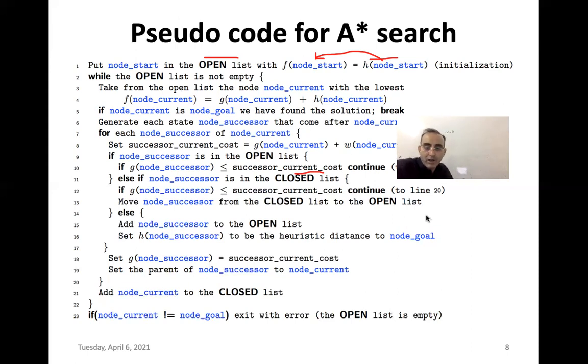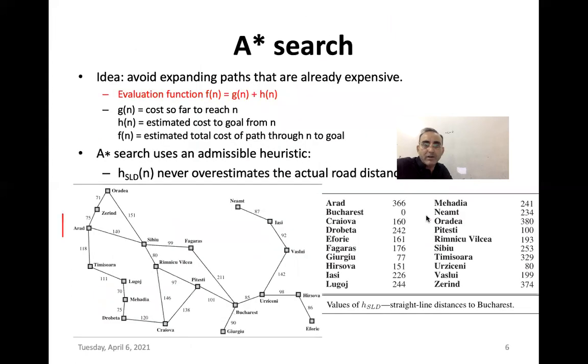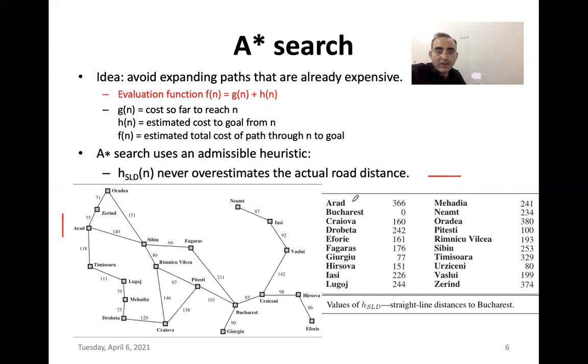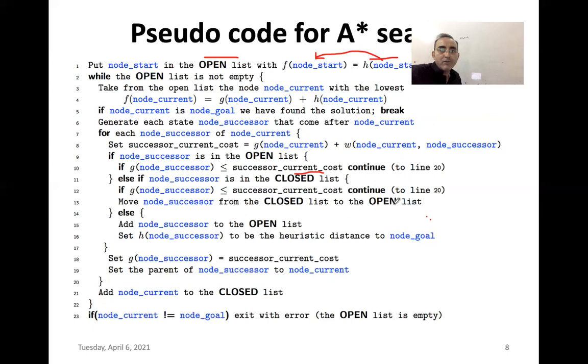The value of Arad in the straight line distance table is 366, so I have to use that value. So 366 will become the f of n of Arad.